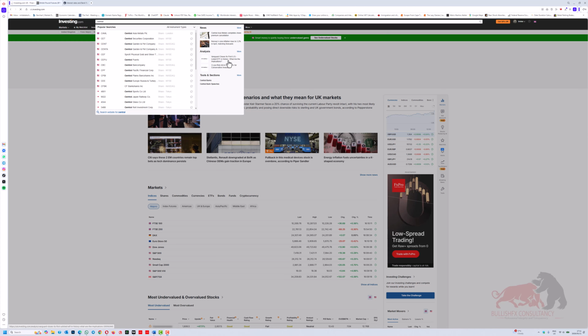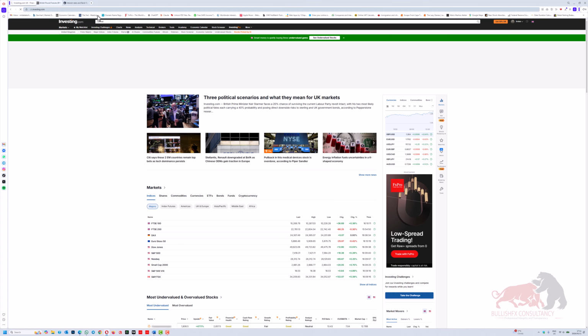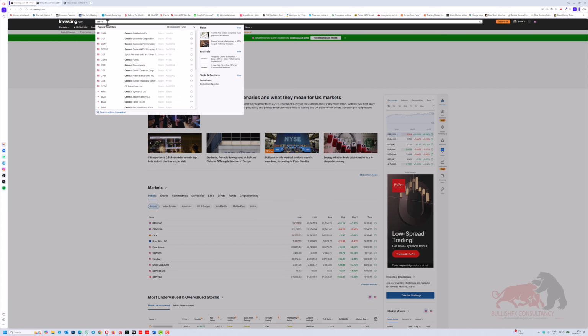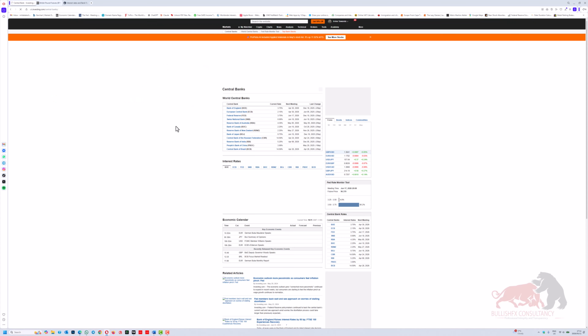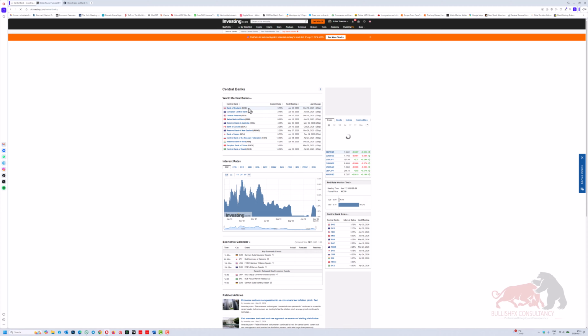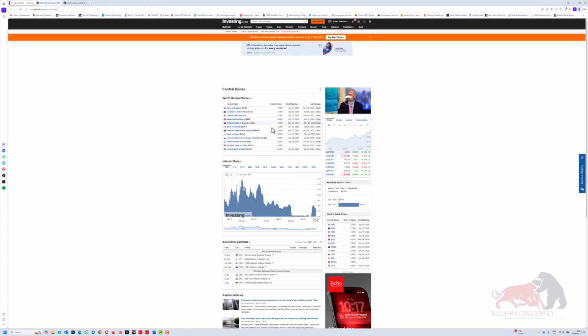So we've got central banks here. Let me just search central banks, right? And this is under the tools section on investing.com. So currently the Bank of England is sitting at 3.75%, and you can see the other central banks that we look at: ECB 2.1, Fed 3.7. Then you've got the rest: RBA, Bank of Canada, and RBNZ.